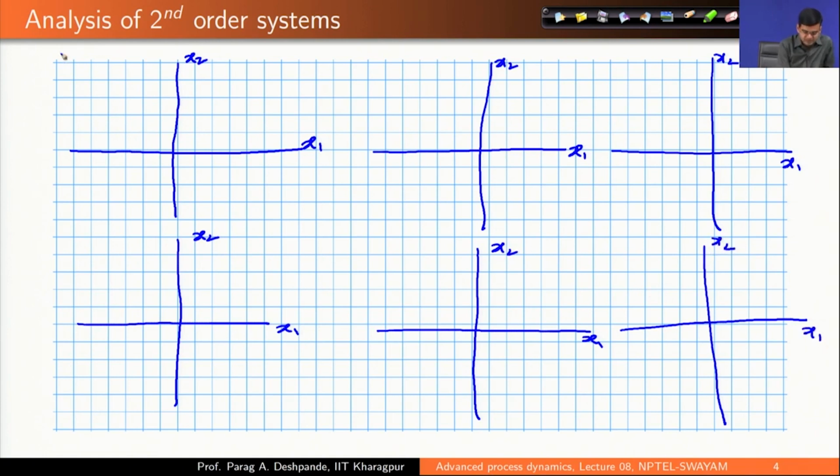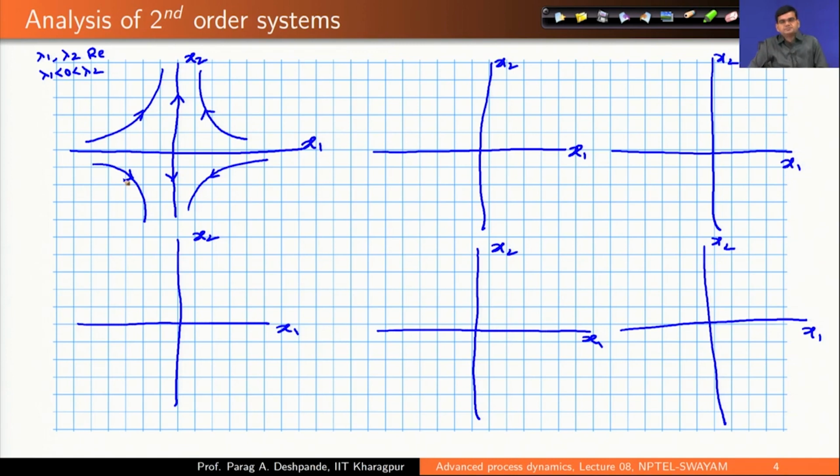Now case 1: when lambda 1 and lambda 2 are real and lambda 1 is less than 0, lambda 2 is greater than 0. Okay. So, what you get is a saddle solution. Since lambda 2 is greater than 0, you would have the second axis as the divergent axis and therefore, this would be the nature of your solution.